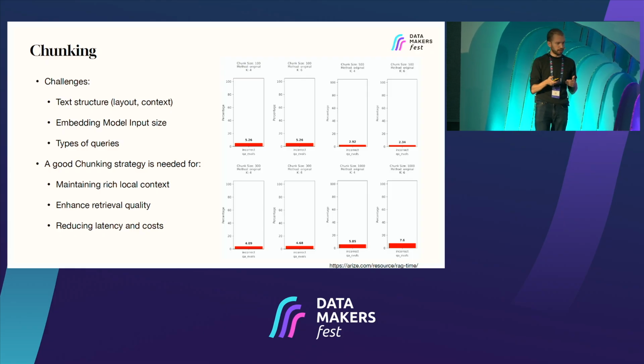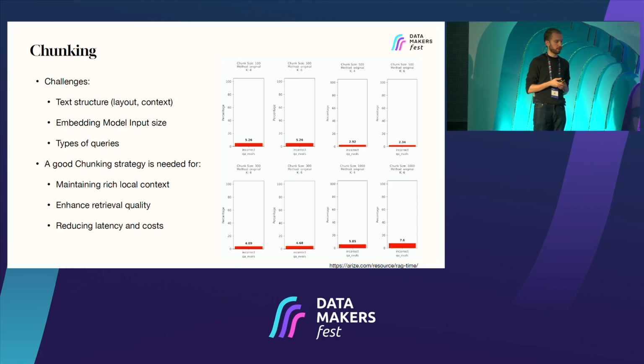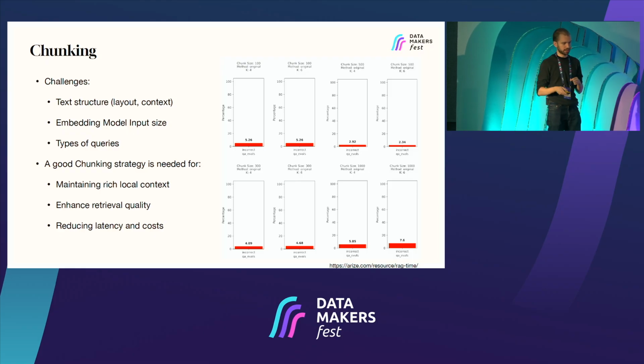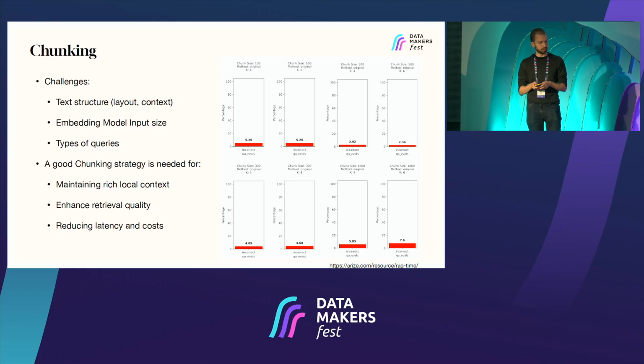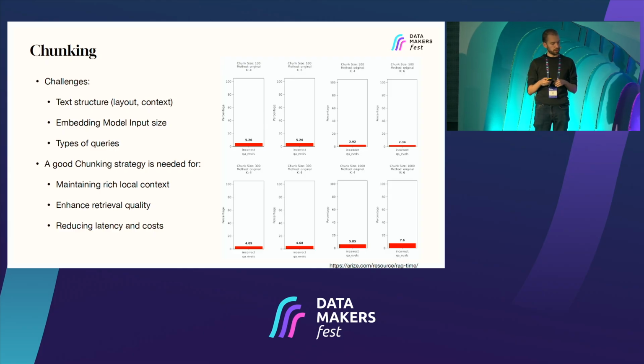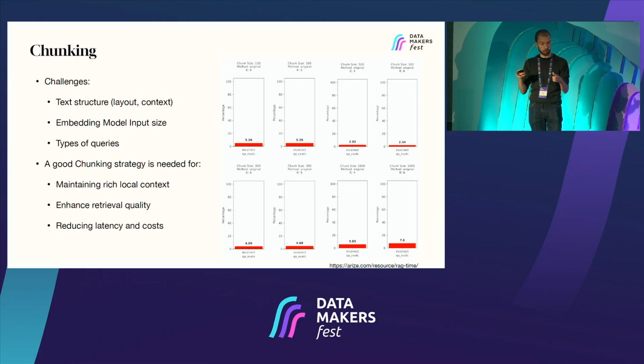You also have to guarantee that the piece of text fits the embedding model for semantic retrieval, and you have to understand what type of queries your user is trying to make, and whether that makes sense for those chunk strategies. So a good chunk strategy is needed to do all this, maintaining the local context and the global context of each chunk.